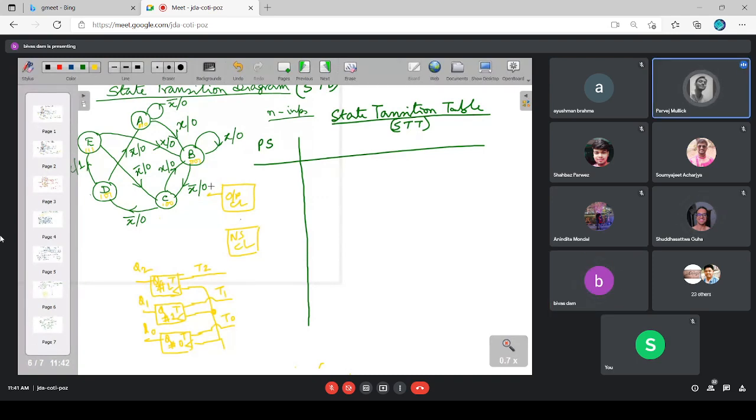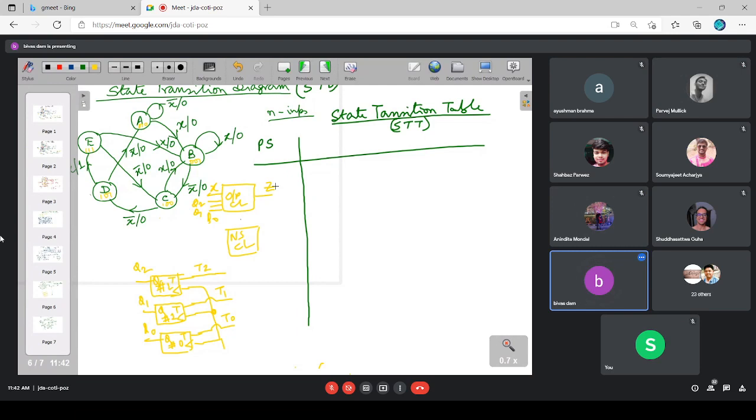X. What is the present state? Q2, Q1, Q0. What is the output? Z.